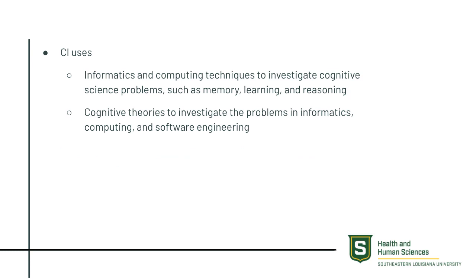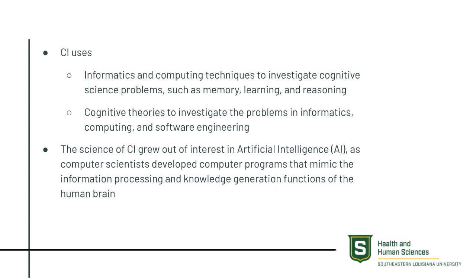To illustrate what I mean, the science of cognitive informatics grew out of artificial intelligence. Cognitive informatics is basically trying to get the machine to perform the way a human brain would. So it's developing computer programs that mimic the information processing and knowledge generation functions that happen in the human brain.